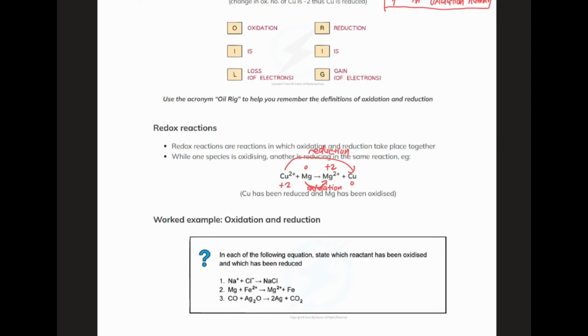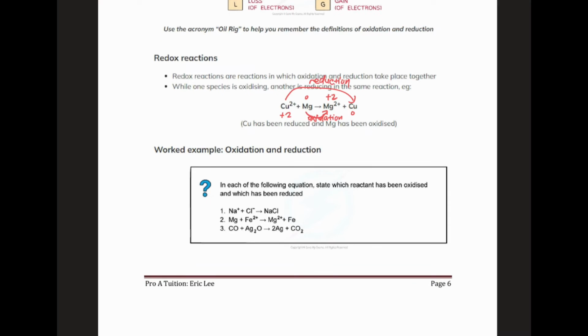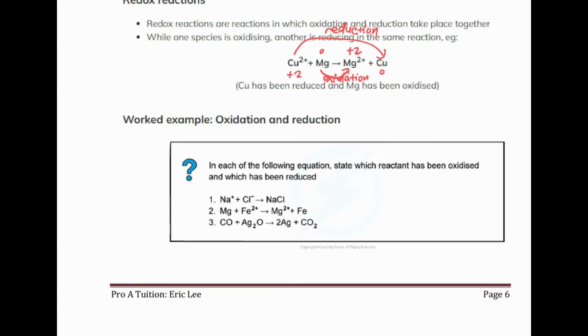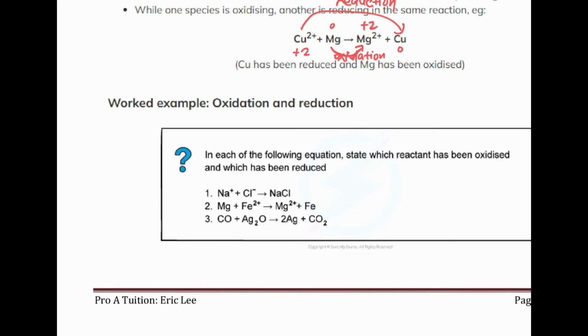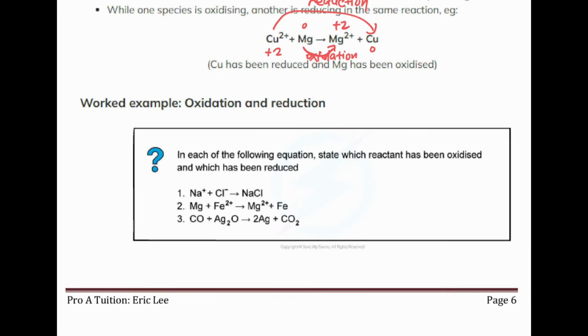Okay, so now an example. In each of the following equations, state which reactants have been oxidized and which have been reduced. Let us look at number 1.